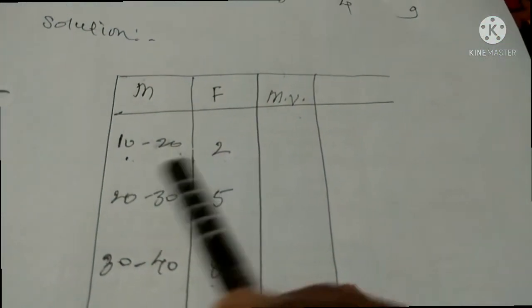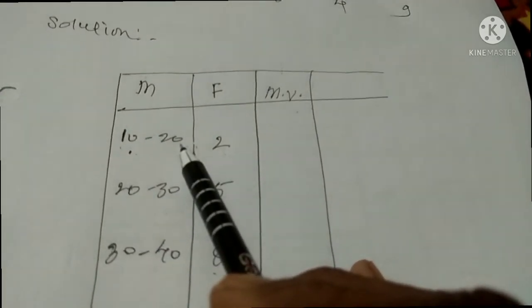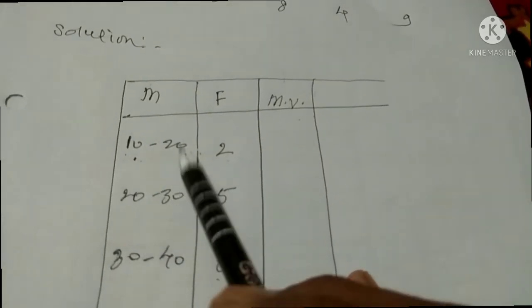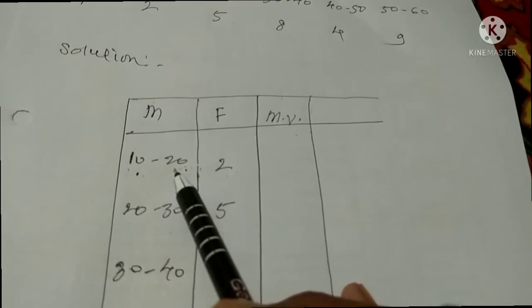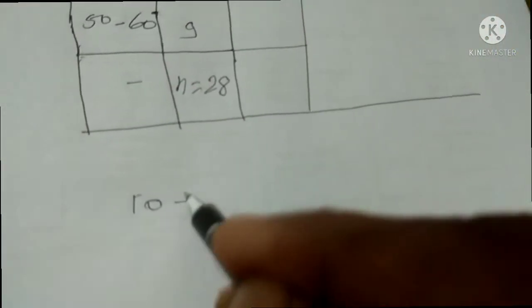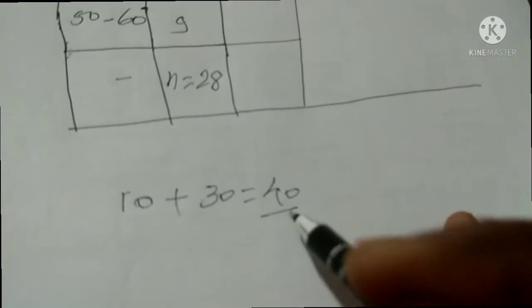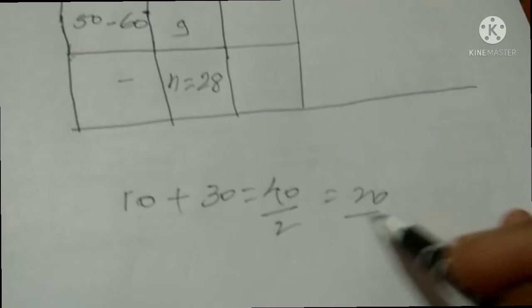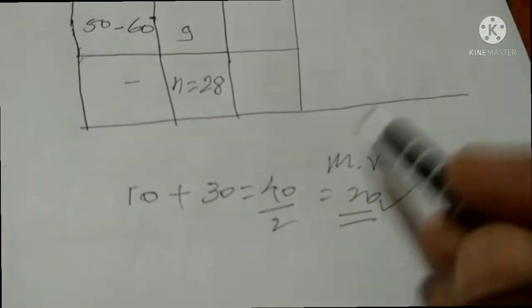Make the addition of both figures. 10 plus 20 becomes 30, and divided by 2. So look here, 10 plus 30 equal to 40, divided by 2 equal to 20. So it's called the MV value, mid value.